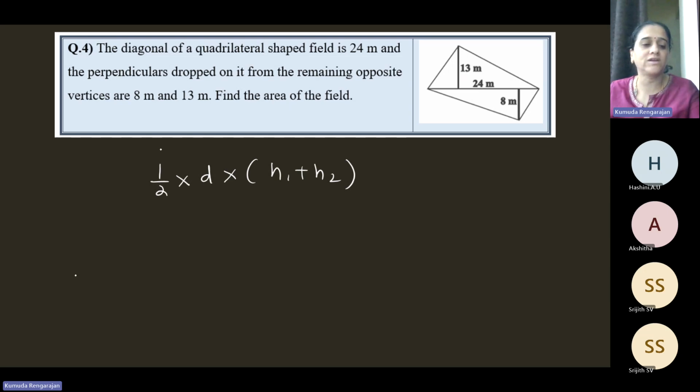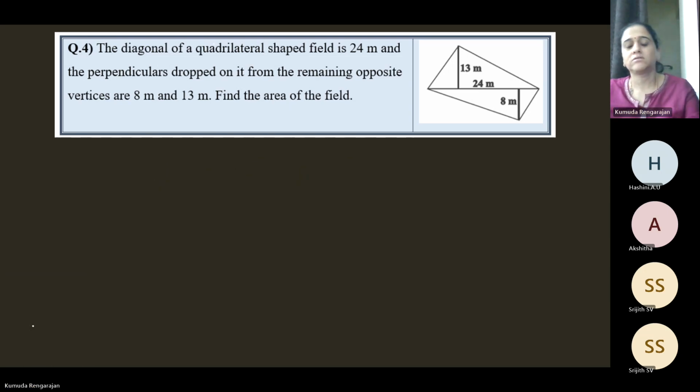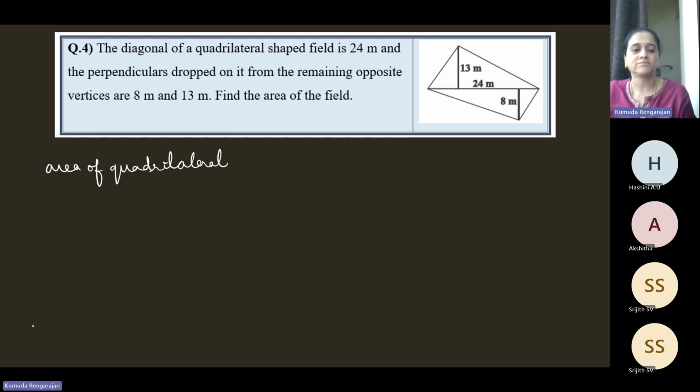Just draw this figure and write the answer. Area of quadrilateral is equal to. And we don't have to write the question. Just draw the diagram.